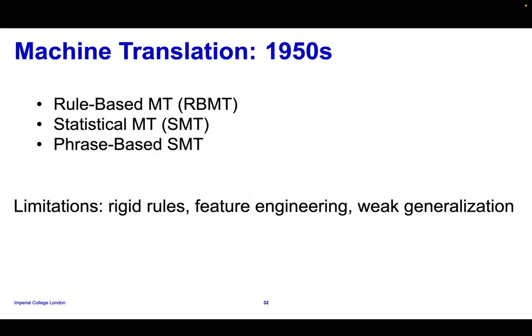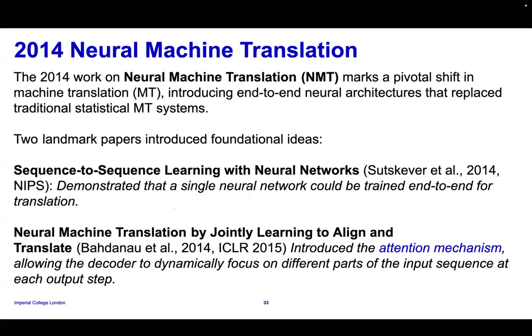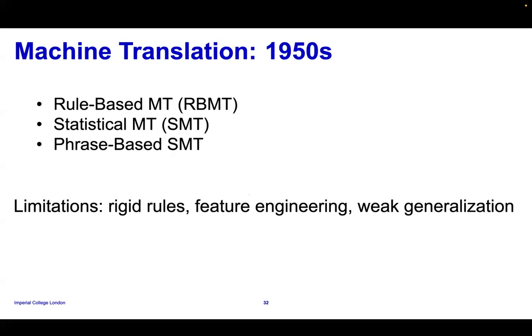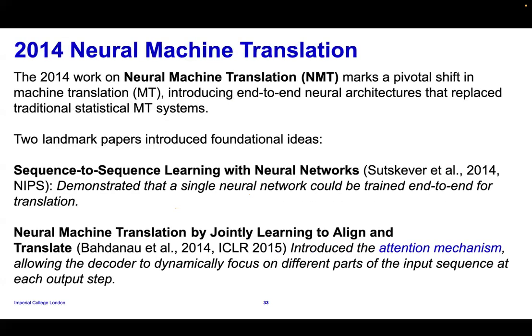So in the 1950s, that is what we used. In 2014, we changed into using neural machine translation, using what we call Seq2seq, for example. You can see this paper, Seq2seq, is the one that comes up with the architecture we are talking about, Seq2seq.